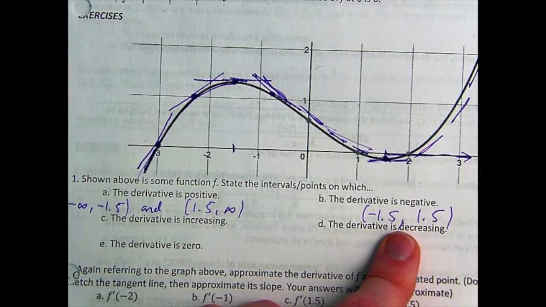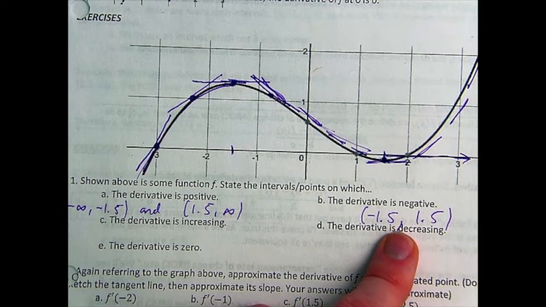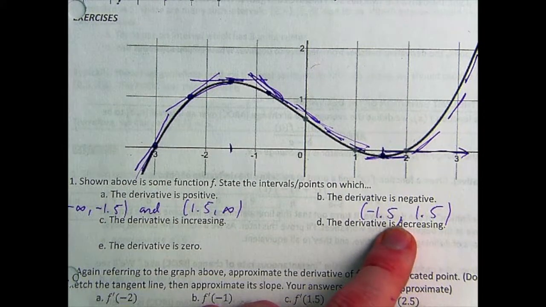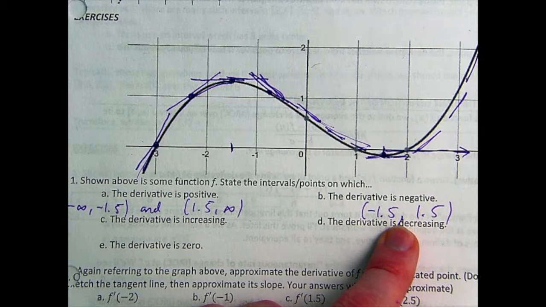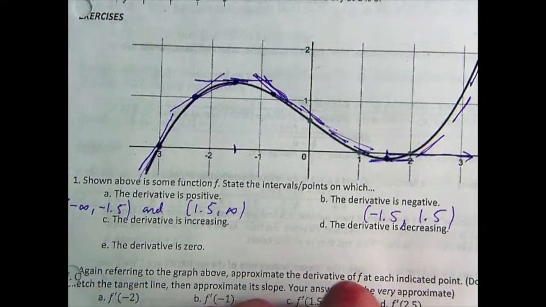If the derivative is negative, then the function is decreasing. If it's a really steep negative number, like negative 100, then the function is decreasing very quickly. So the derivative at a point really tells you the rate at which the function is changing at that point. Increasing means the derivative will be positive. Decreasing means the derivative will be negative.